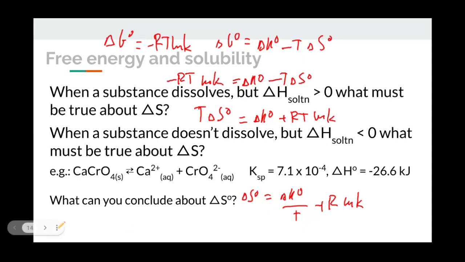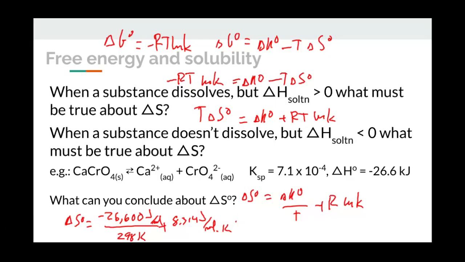So now let's plug numbers in here. Delta S naught is, our delta H value was negative 26,600 in joules. Our temperature, well, this is standard, so we're going to use 298 kelvins, plus R, 8.314 joules per mole Kelvin, times the natural log of our K value, which is our KSP of 7.1 times 10 to the negative 4.